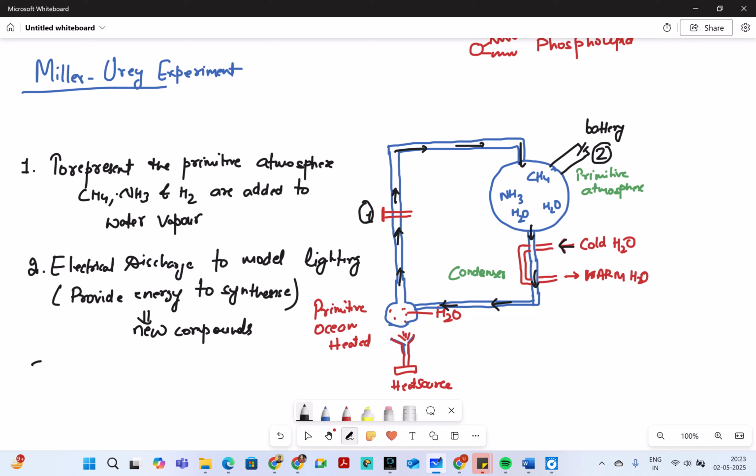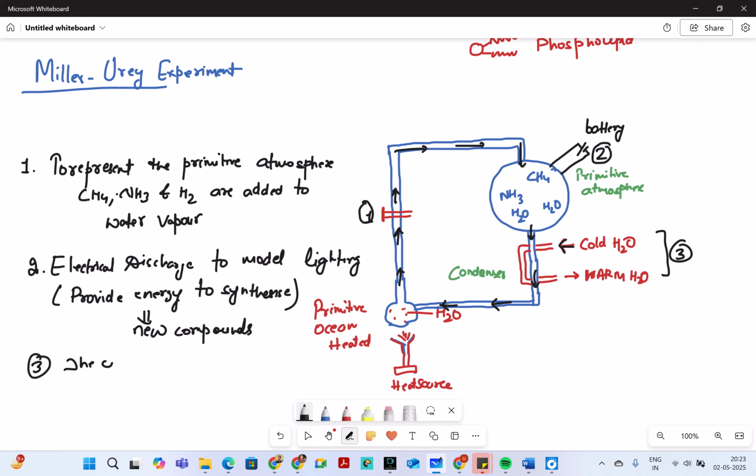Next, what is happening in the third step, right? Now the question is where to show the third step. We'll show the third step here. This is 3. In the third step, the condenser: the hot water which is coming out must be cooled down so that it can go into the ocean container, like oceanic water, or here in this particular round bottom flask.